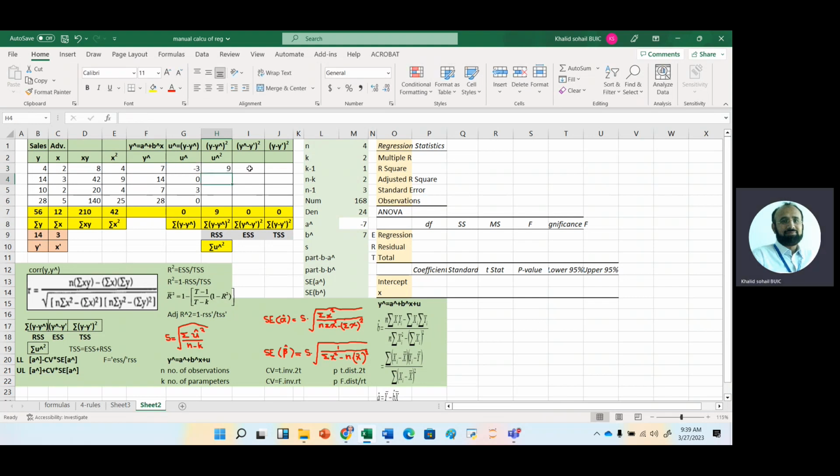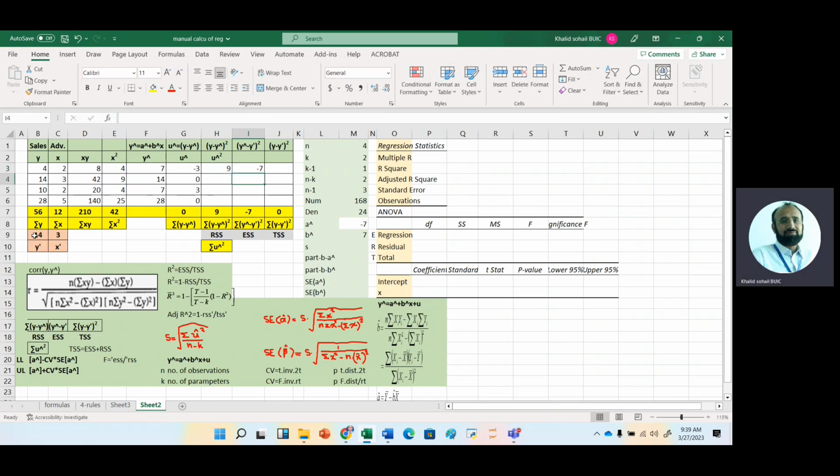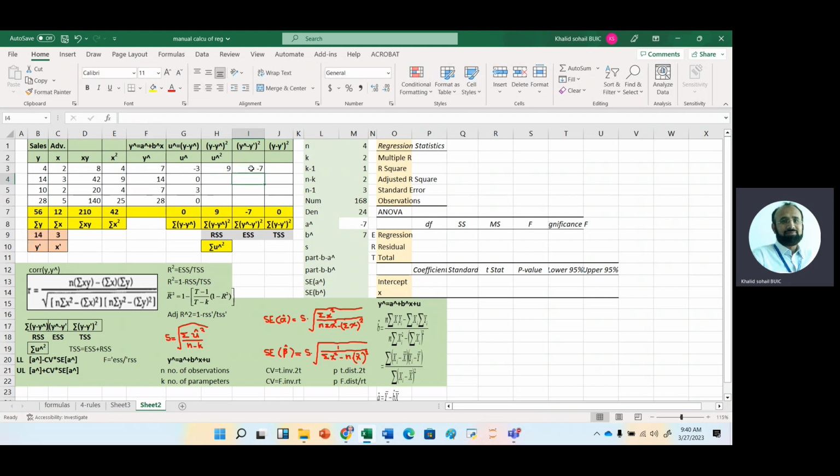And now y hat minus y bar, here we have y hat minus y bar, and we will fix it. And then we calculate y minus y bar square, but before calculating this, we will take its square. This would give us y hat minus y bar square.